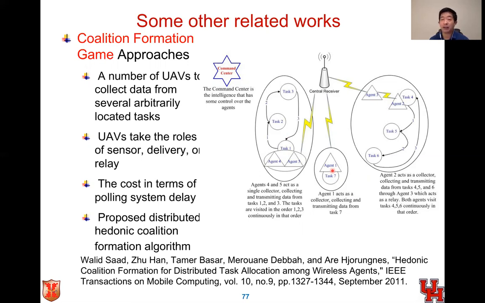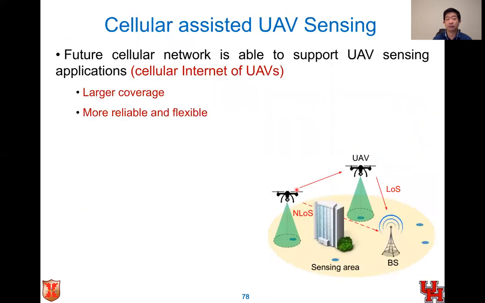Then you will find somebody who is good at organizing, good at programming, and good at writing. And then they form a team so that they can implement the task. So basically, this is a kind of coalition game solution.